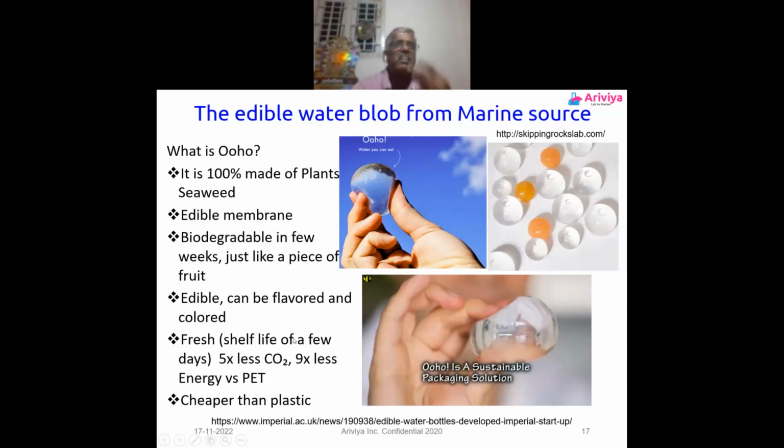You can swallow the edible water blob; the water is covered 100% by seaweed. It is biodegradable, flavored and colored, as well as fresh, to avoid PET bottles and plastics. People are using this kind of innovative product, which is also a startup product. I will show that from Imperial College.